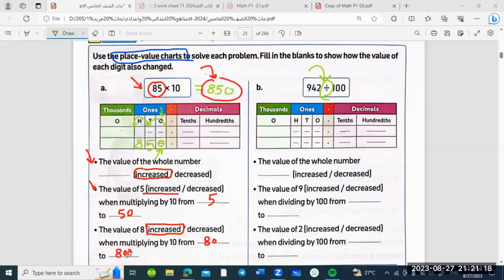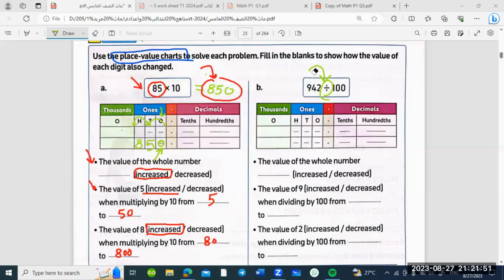800. Excellent. Okay, now we will move to example number B. Example B is about dividing. Divided, Jana, means to change the place value of each digit to the previous place value, the place value before the current one. So we will decrease the place value. Understand?